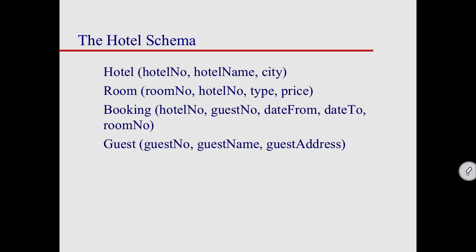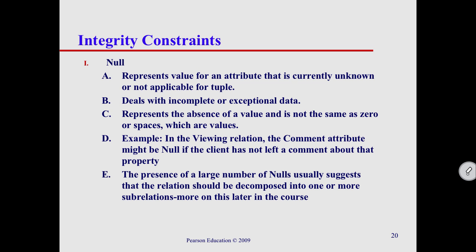So moving on, we talked about properties of relations. Remember from last Thursday, we said that one of the things the database does is it guarantees integrity of data.